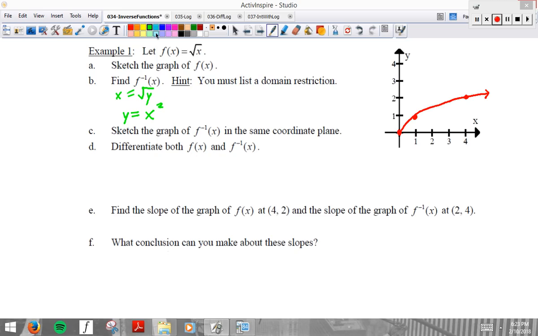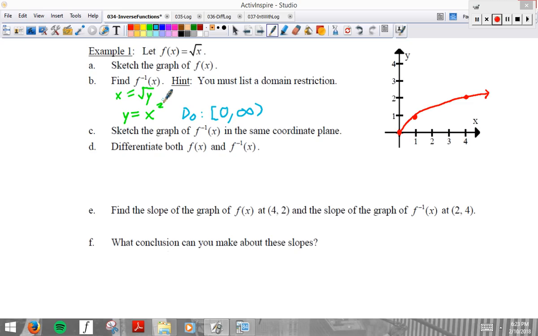But as the hint says, you must list a domain restriction. So this would be the inverse, but our domain has to be based on the domain of the original function. What were the x's allowed to be in the original function? They were allowed to be 0, including 0, up to infinity. And again, we can never include infinity, that's rounded.